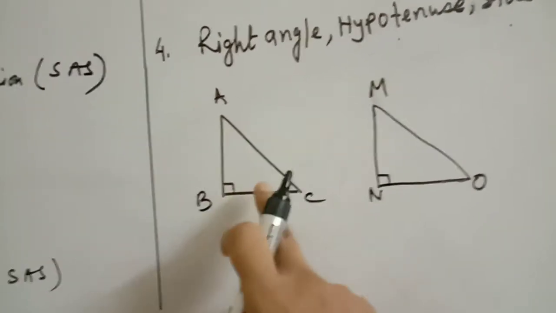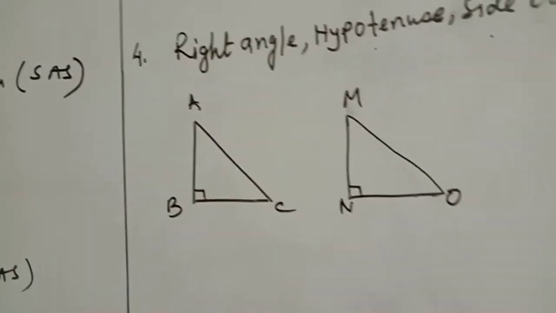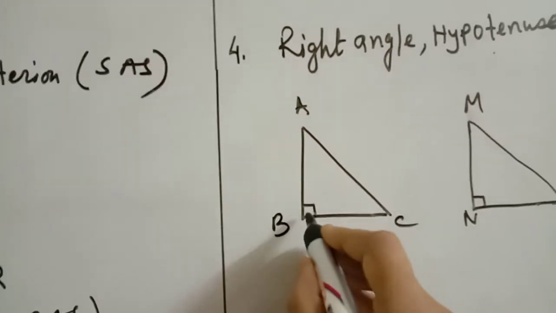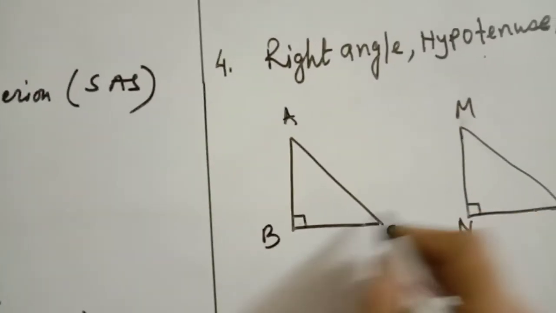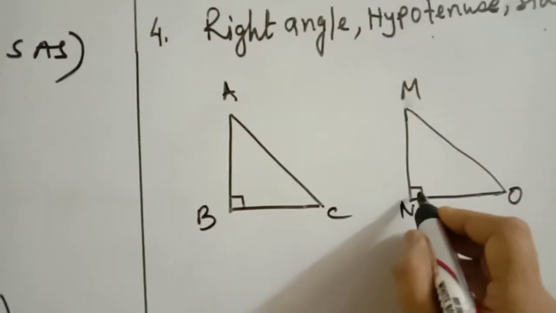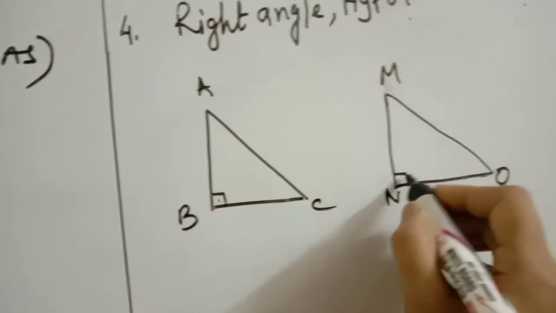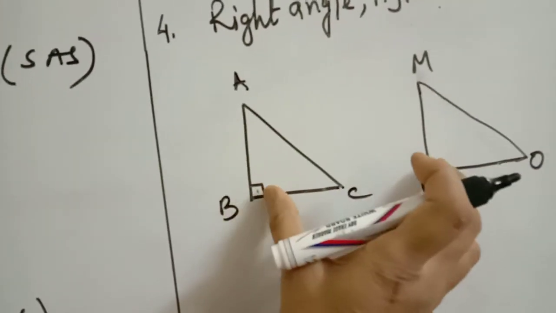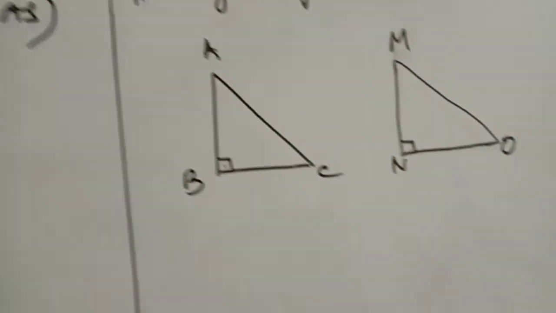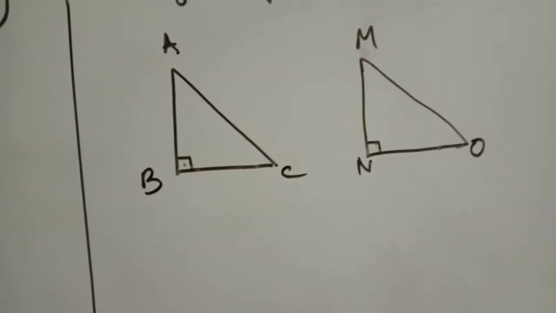Then we can say that these two triangles are congruent by RHS. Right angle means 90 degrees. When two angles have the same measurement, they are congruent. You know that as it is 90 degrees, both are the same measurement, and they are congruent.